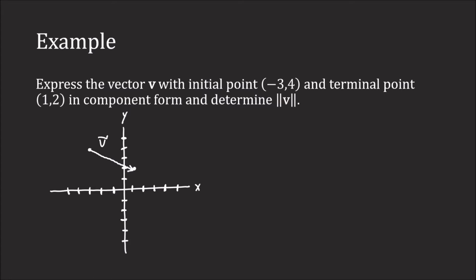Now we want to place the vector to have initial point of the origin 0, 0. Well, now we have to determine what the terminal point is. To move the initial point to 0, 0, we went down 4 units.